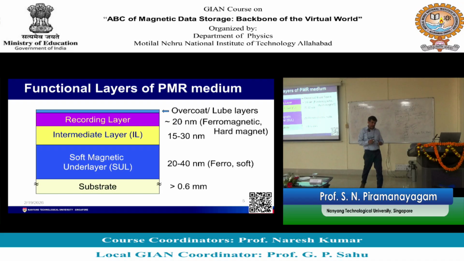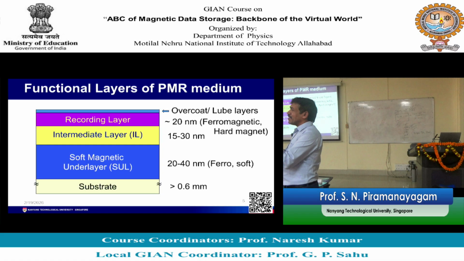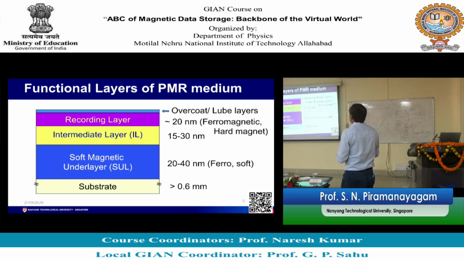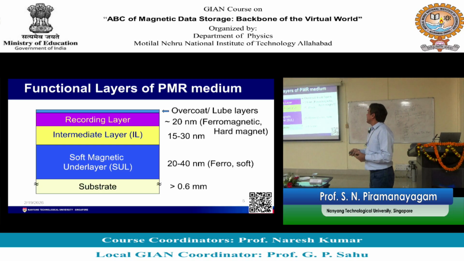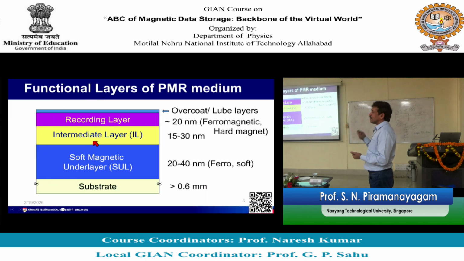If you put the 2 layers together, the soft layer will become hard, the recording layer will become soft. So, you are going to spoil both of them. It is like having a saint and thief together. They are going to spoil each other. So, you do not want that. So, you separate them using an intermediate layer, that is another reason.